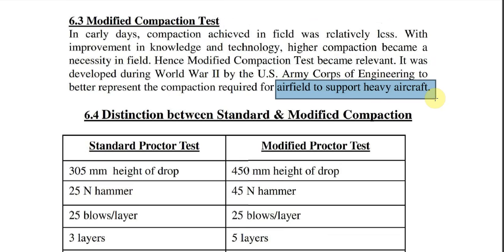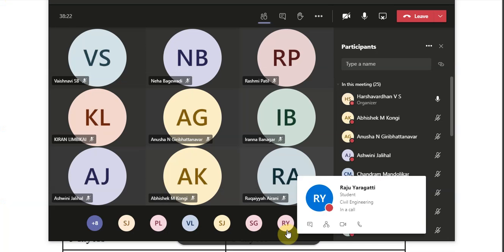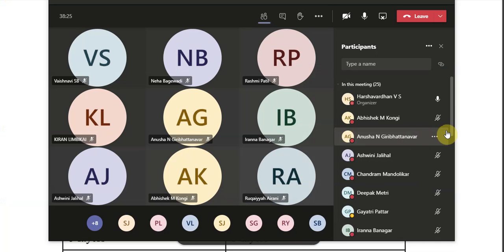Or if you are constructing runway, all of you know what is a runway, right? We have runways in the airport. The planes run on that particular pavement for some time before flying into the air. So we have runways and aeroplanes. They are very heavy compared to the vehicles that are running on the road.